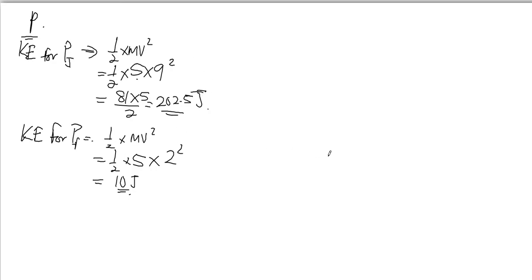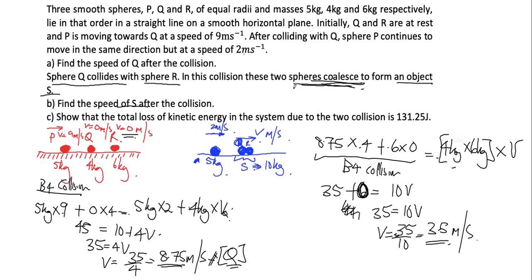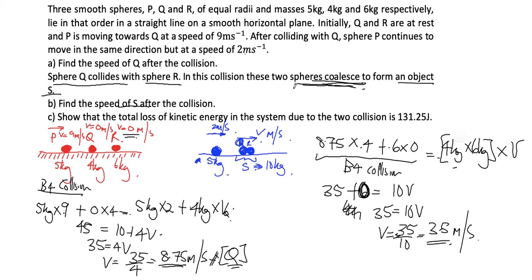Now what happened to object S? Object S is a combination of two spheres, Q plus R. The mass here is 10 kg, and we found that it was traveling at 3.5 meters per second after the collision, since they have coalesced.